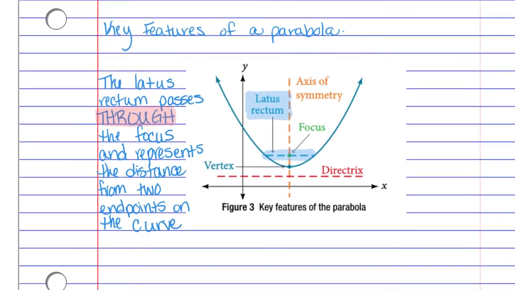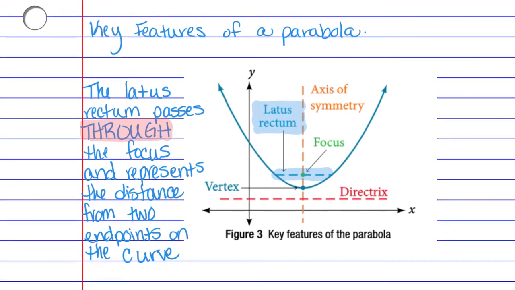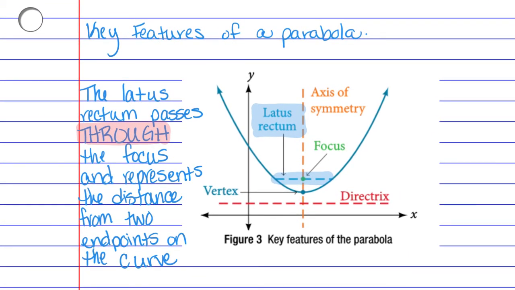Another key feature that's brand new is something called a latus rectum. The latus rectum is the distance from the focus directly to your parabola. We say endpoints of the latus rectum. It represents how wide or how narrow your parabola is along that focus.